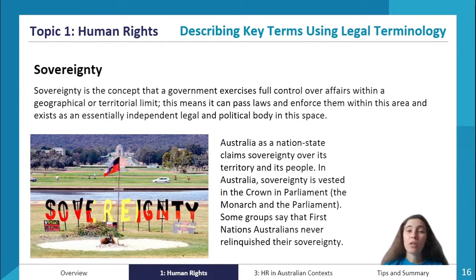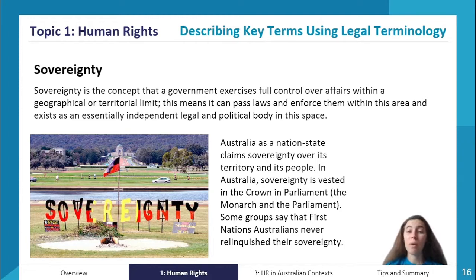Sovereignty is another concept that you may have heard of before, and it's something that you need to be able to describe as part of this unit. So, this is the concept that a government exercises full control over everything that's happening within a geographical or territorial limit.